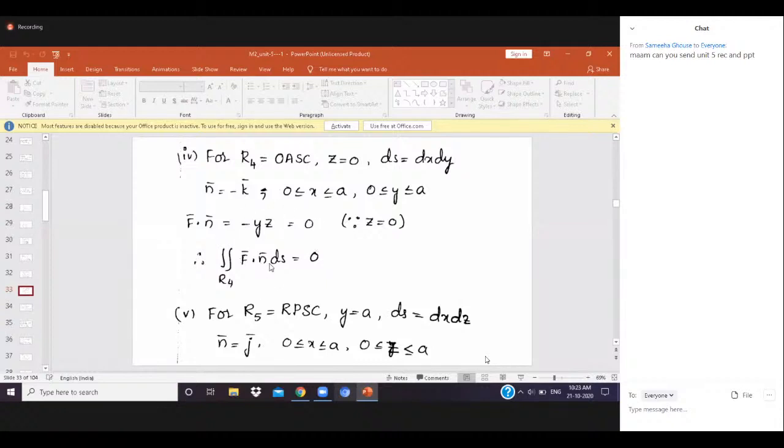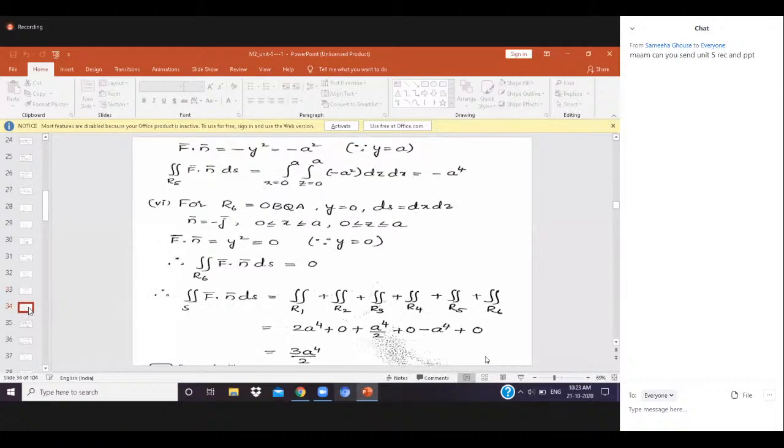Next, the fifth surface, RPSC, that is y equals a here, and ds becomes dx dz, and the unit outward drawn normal is j bar. x and z vary from 0 to a. So f bar dot n bar we get minus y square, replacing the y value as a, that is minus a square.